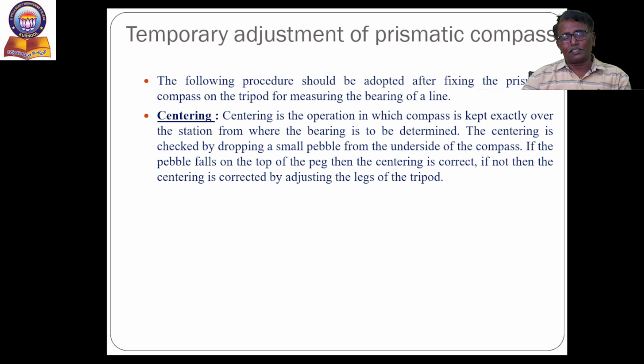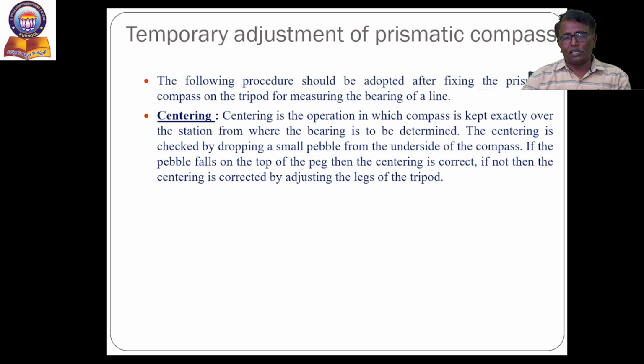The centering is checked by dropping a small pebble from the underside of the compass, or by using a plumb bob. If the pebble falls on the top of the peg, then the centering is correct.